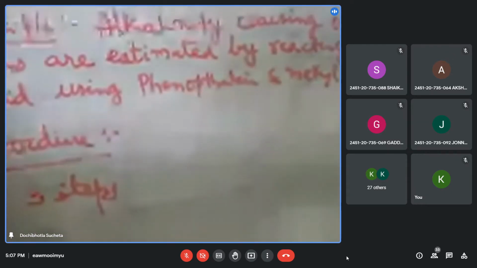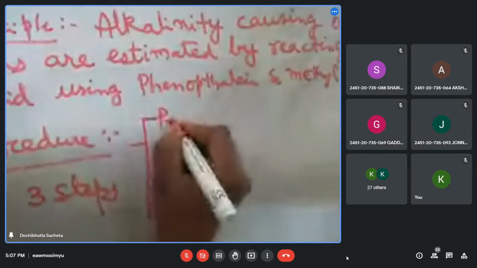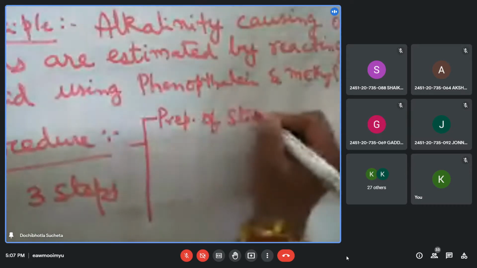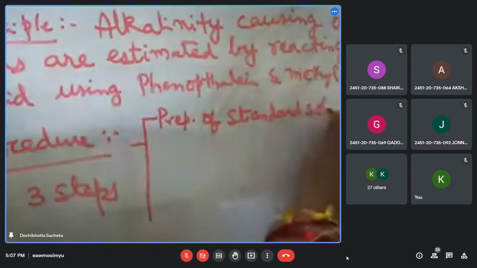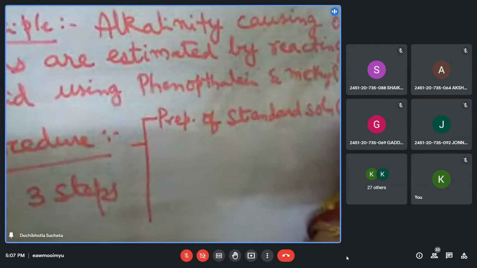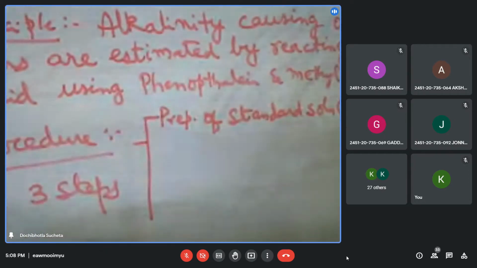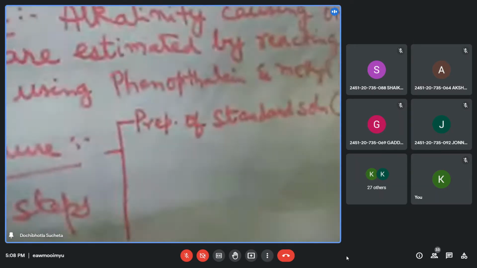Step 1 is preparation of standard solution. In this experiment, you'll prepare Na2CO3, sodium carbonate standard solution.